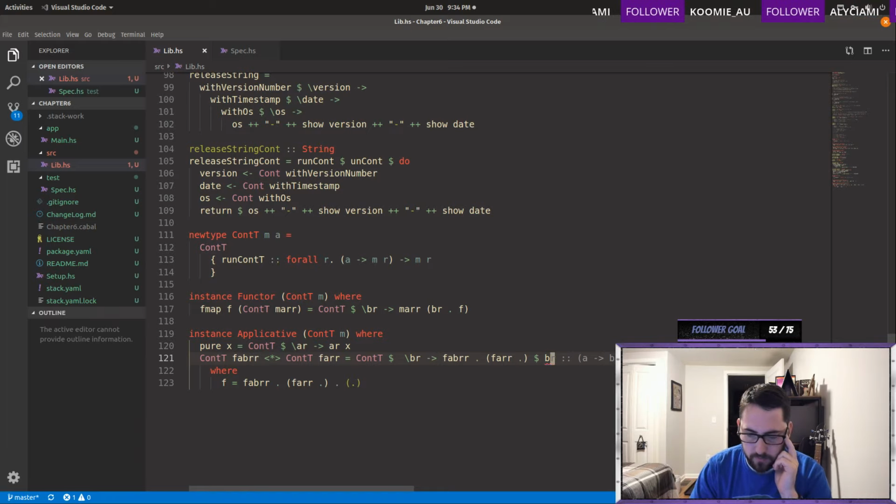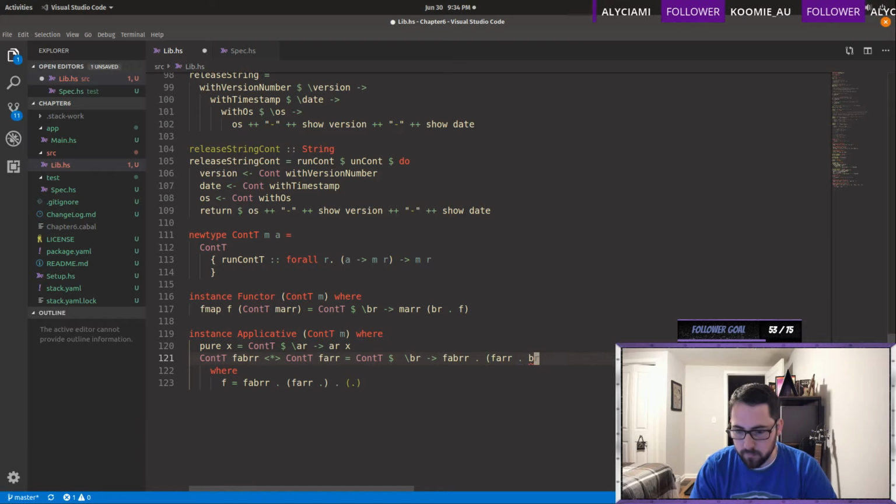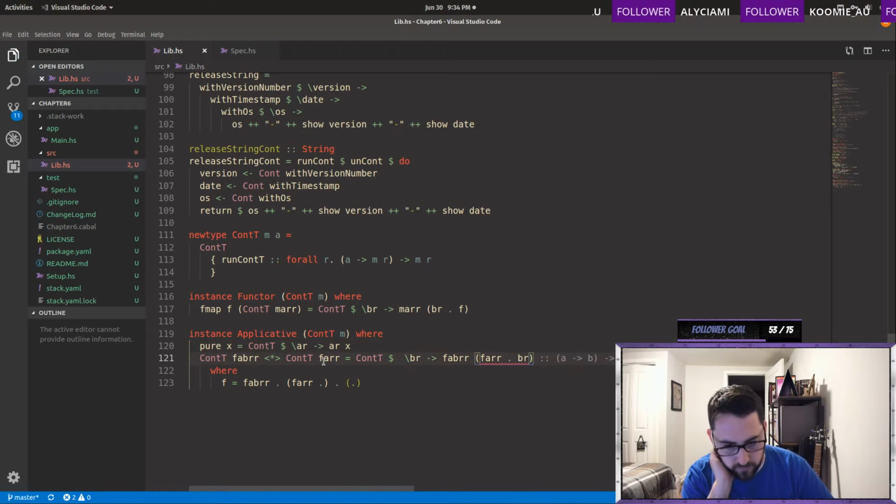How do you translate this? I already tried this, so I don't know how to translate that. Let's look at the types. Maybe they mean something.